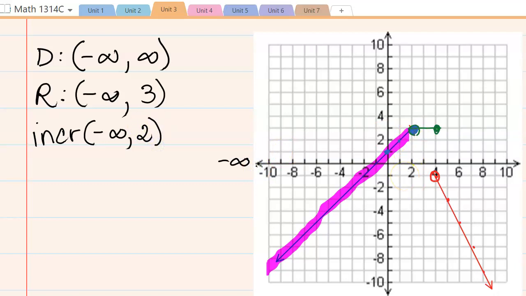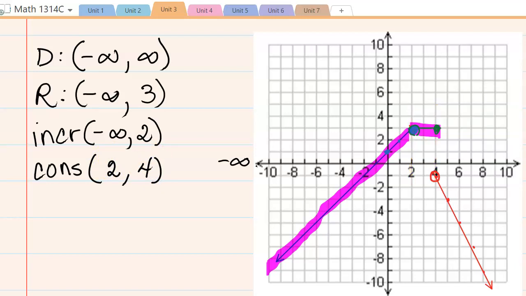So now let's continue and see what we have going from left to right. From here to here, we see that our y values are constant. So we have a constant interval, and it happens from our 2 until we get to 4. So we will say that our interval is from 2 to 4.